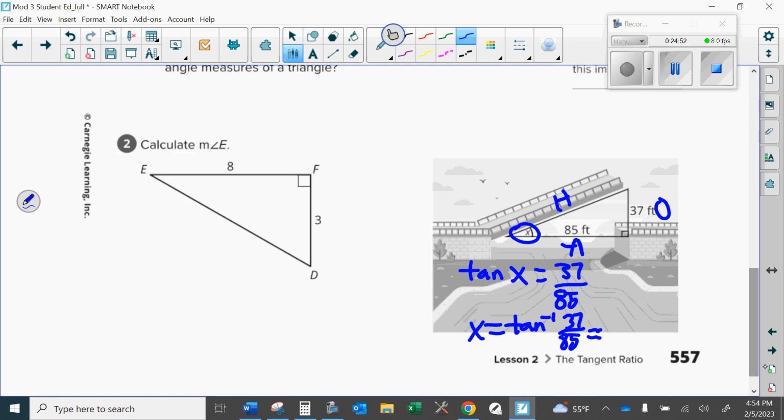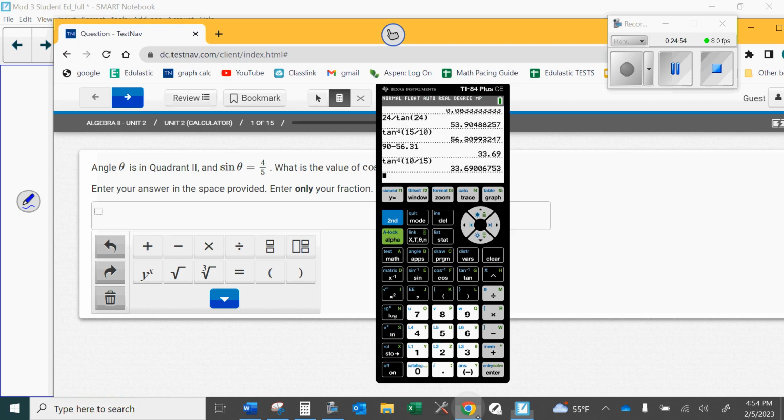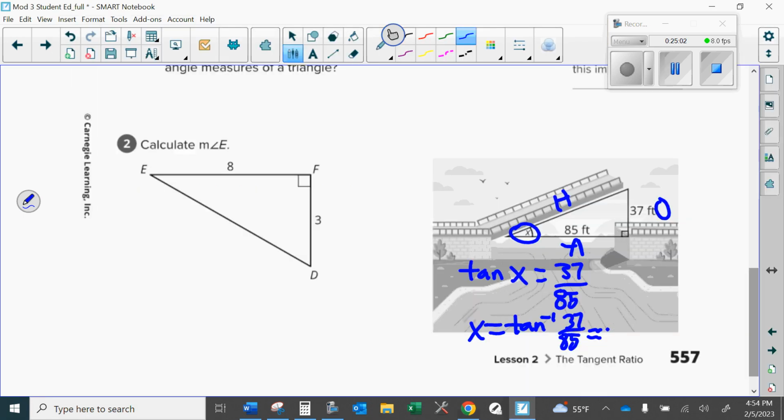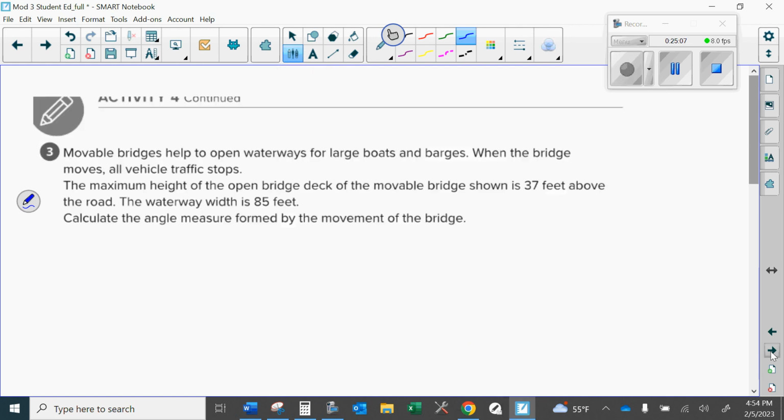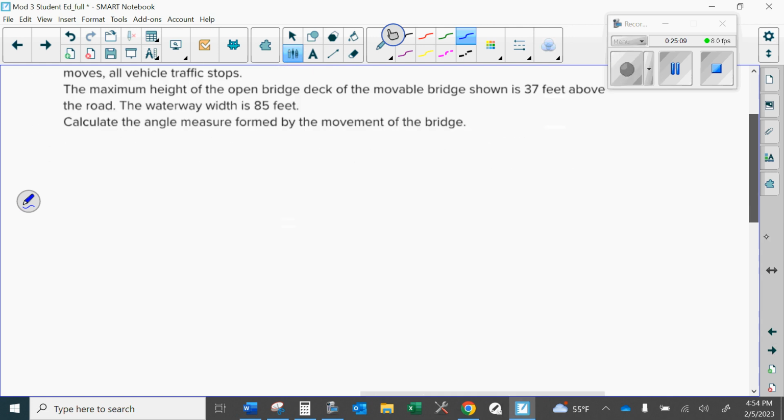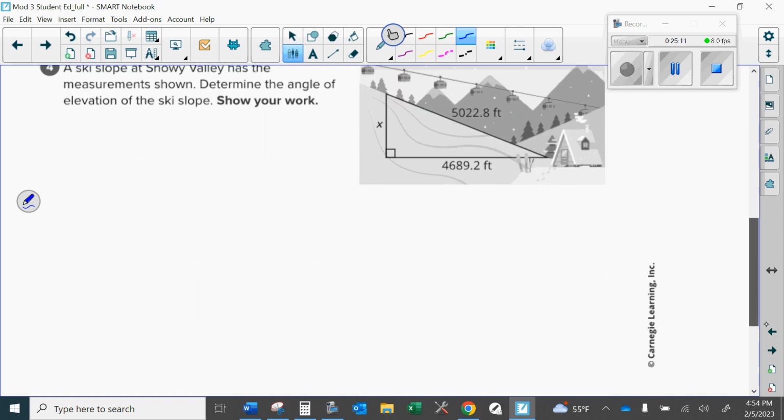And put it in the calculator now. Inverse tangent of 37 over 85. 23.52. There you go. Okay, that's covered all three types that were in here.